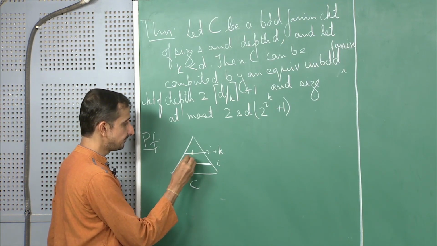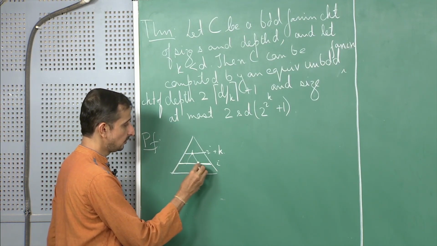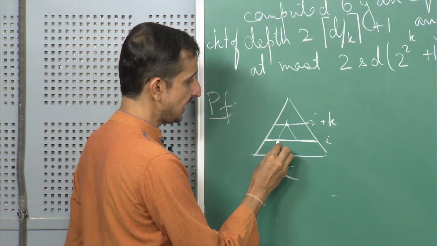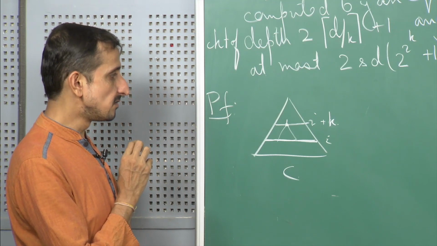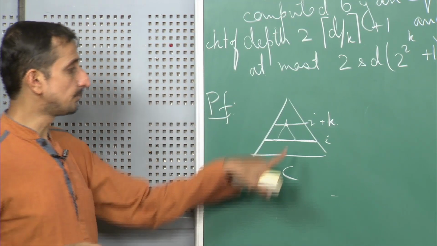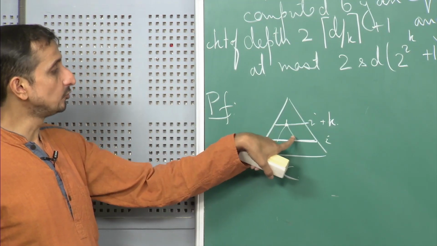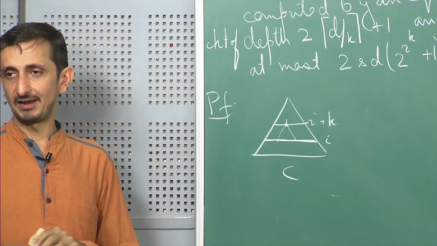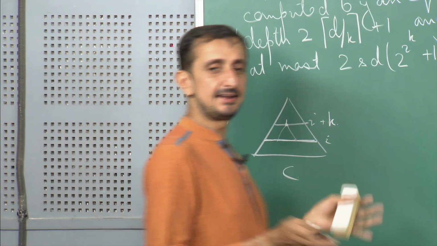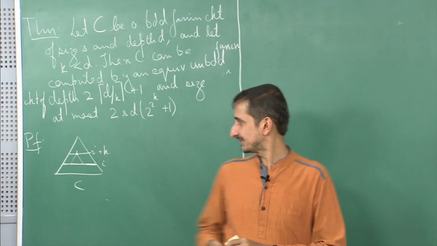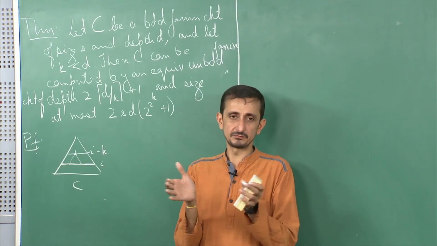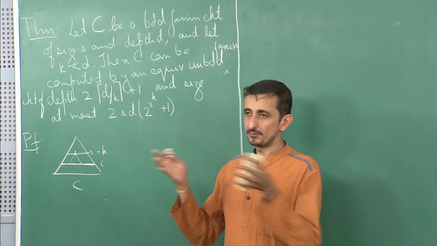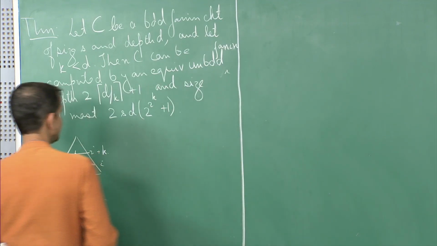Then every gate here would depend on at most 2 to the power k gates from level i, since this is depth k. This is basically the idea that we want to exploit. It cannot depend on arbitrarily many gates from level i, but only a small number of gates, and this is what we will exploit to design a smaller circuit.